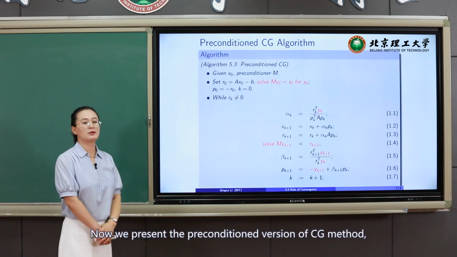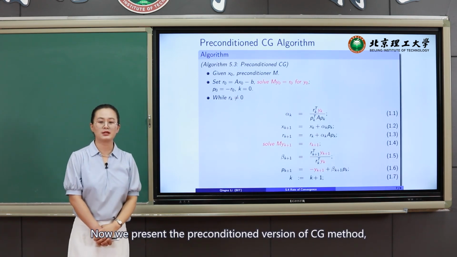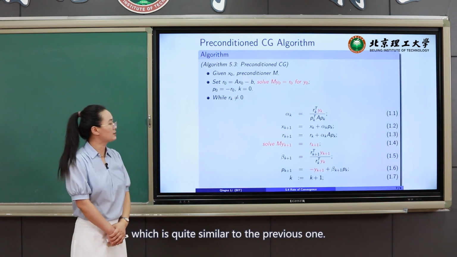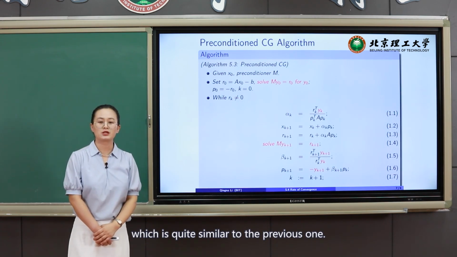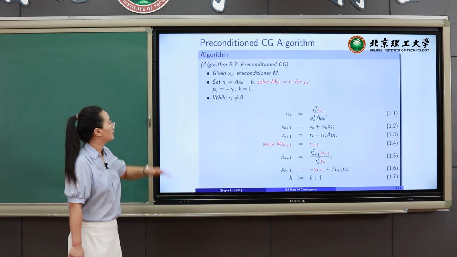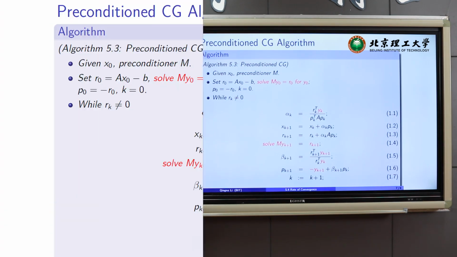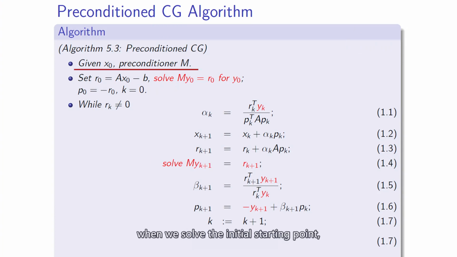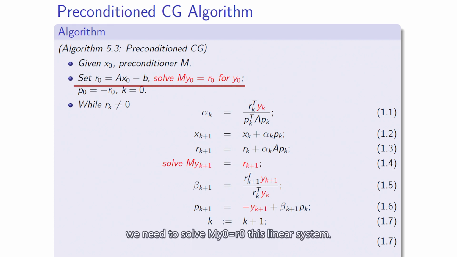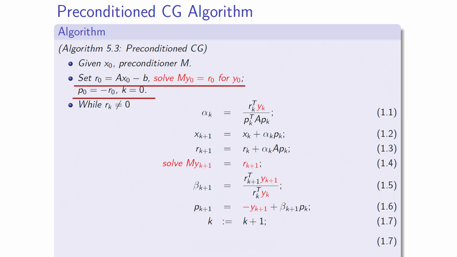Now we present the preconditioned version of the CG method, which is quite similar to the previous one. However, they differ in some very small steps. For example, at the initial starting point, we solve My0 = r0, this linear system. And here, this M is kind of like the C inverse, all right?